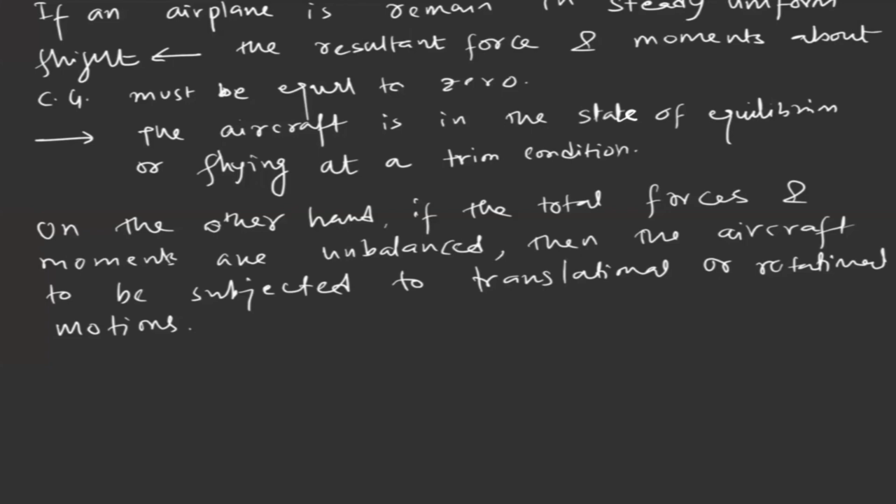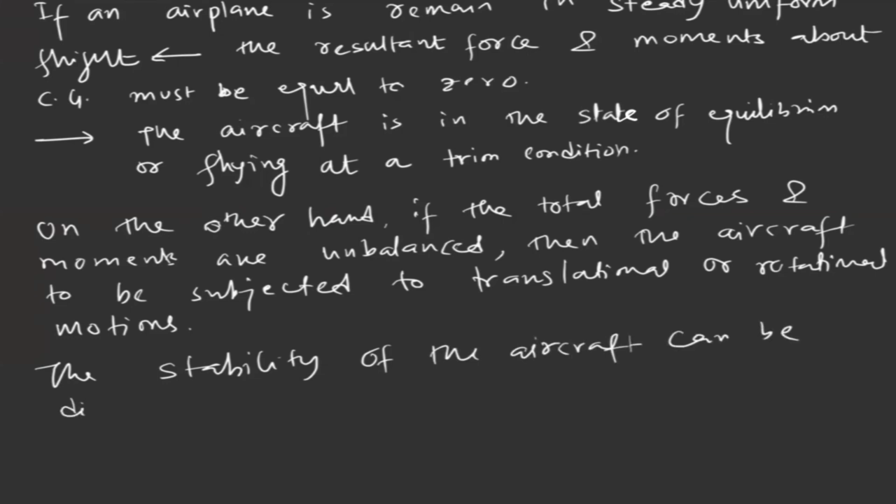Based on this definition, the stability of an aircraft can be divided into two parts with respect to the equilibrium point.